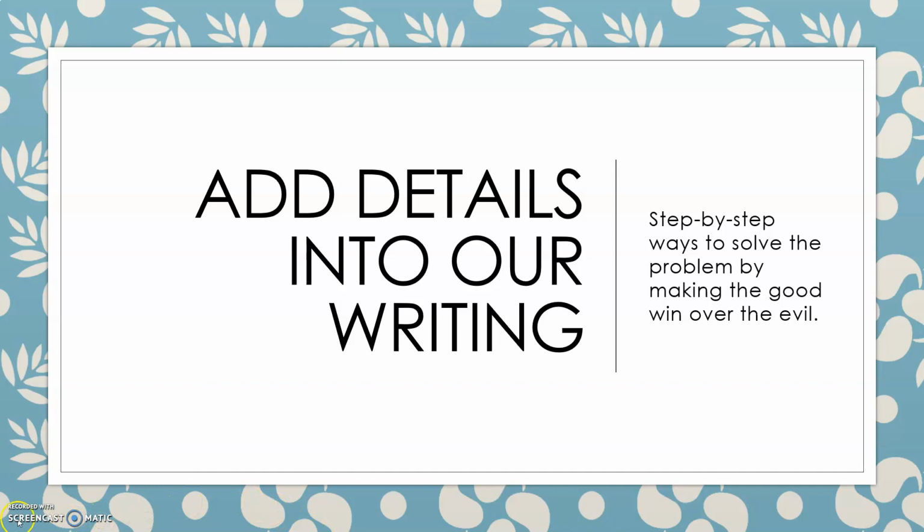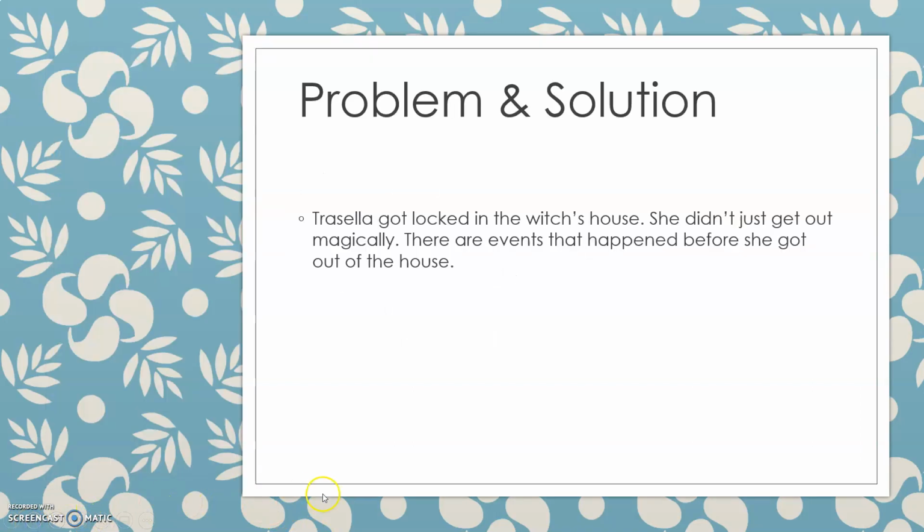So, if you remember when I talked about the problem and solution in my fairy tale, I said that Tricella got locked in the witch's house. She didn't just get out magically. There are events that happened before she got out of this house.